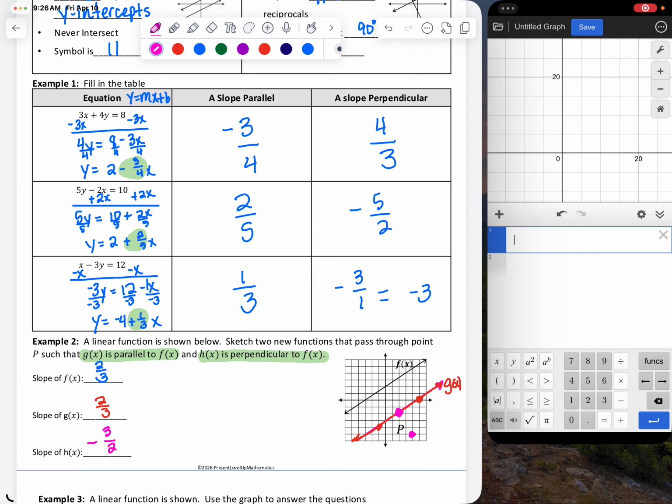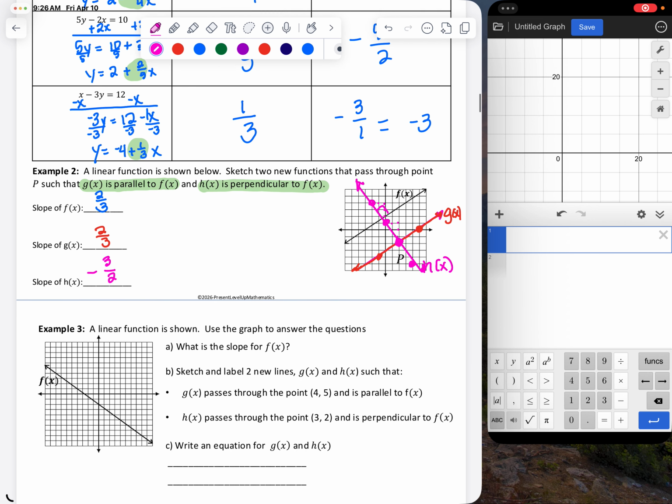Let's go up 3 and left 2. Now let me draw that line in. Now what I want you to notice is that it intersected the original line at a 90-degree angle. So let me label this h of x. So there's a parallel line and a perpendicular line.